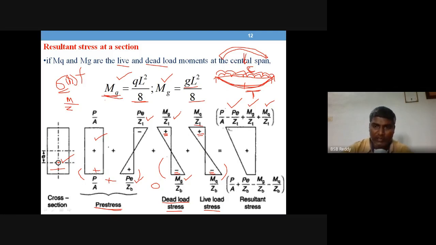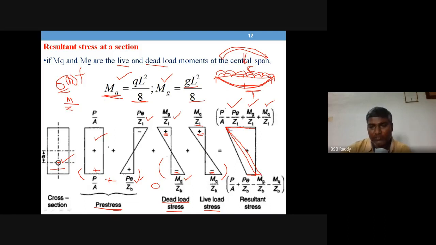And you can see top compressive stress is high, bottom compressive stress is less. It can be either zero. This diagram may have zero stress at bottom, or it can even have a little tension also, depending on this total value.